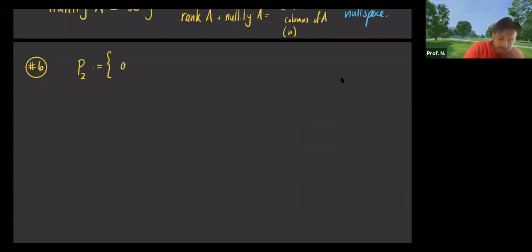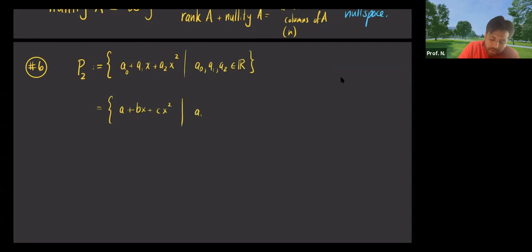It's the set of all, sometimes you guys are used to seeing this as A plus BX plus C. It doesn't really matter. Hopefully now you start to see it doesn't matter, right? It's the set of all polynomials of degree less than or equal to 2, where A0, A1 and A2 are all real valued constants. And you can write this the same way as this, right? This is just an equivalent way. That's what P2 is, right? Equivalent.